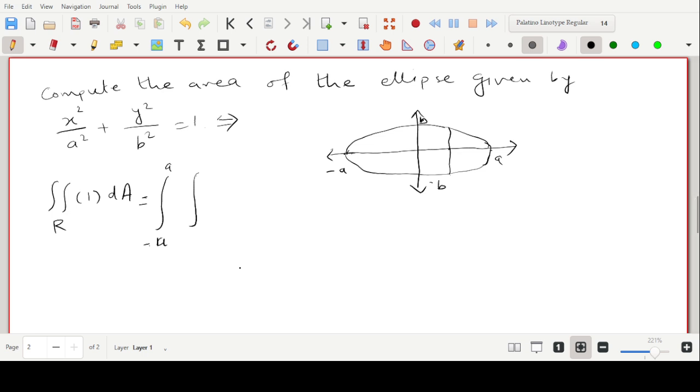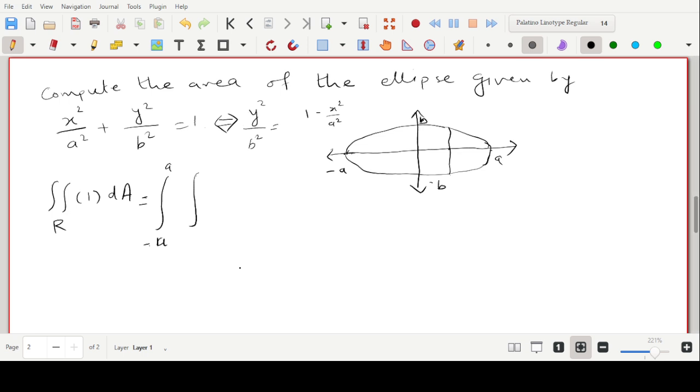This is the same as y. If we subtract x square over a square from both sides, we get y square over b square equal to 1 minus x square over a square.